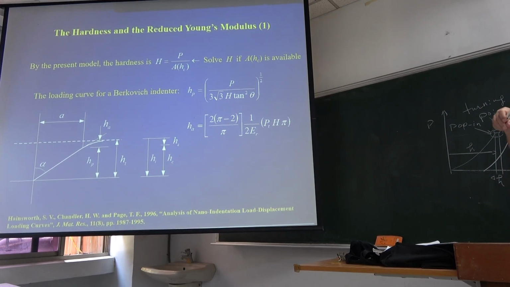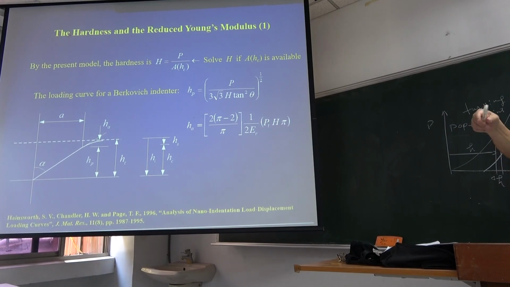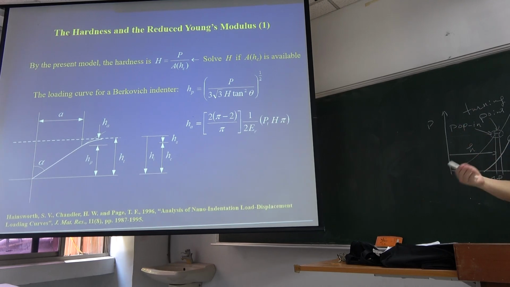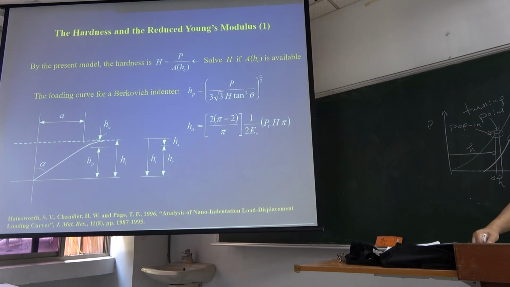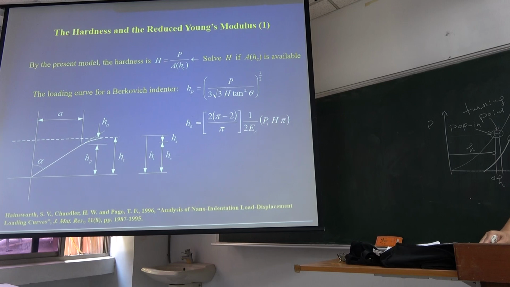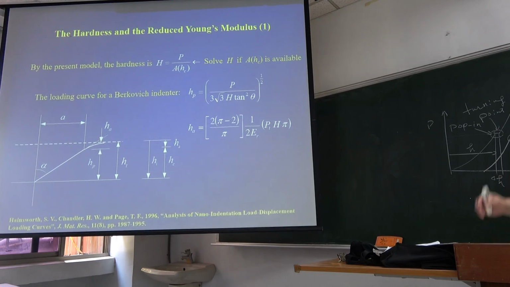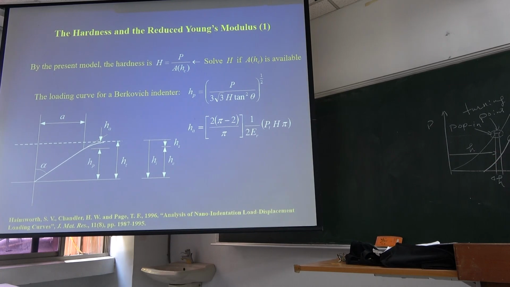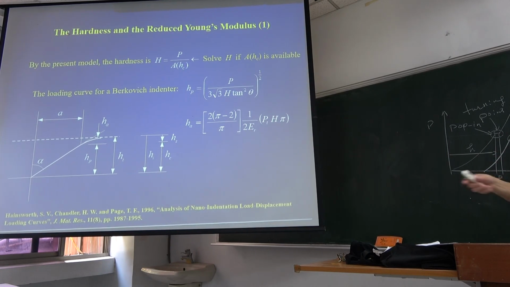And then at different depths, you'll find your layer. Okay, you have a few layers over the substrate. So in this case, your hardness and your reduced modulus just mean that your mechanical properties are dependent on your depth.